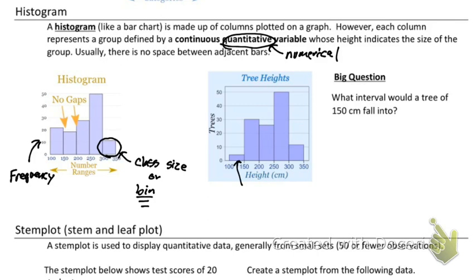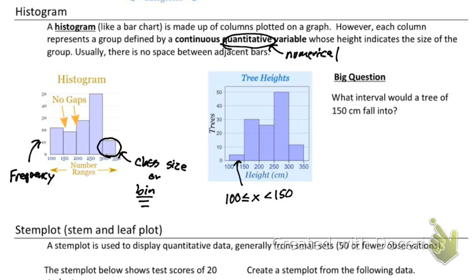So if you think about this, this would be 100 to 149.99999. So the easier way to write that is, it's any value that's greater than or equal to x and less than 150. So it doesn't include 150, but it would include 100.